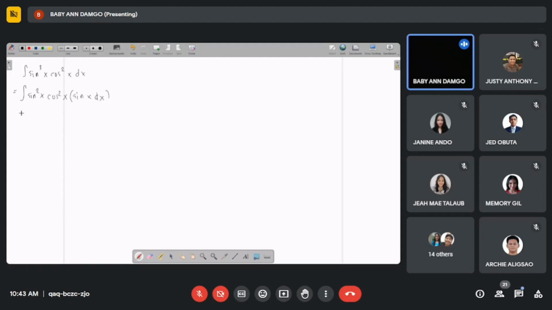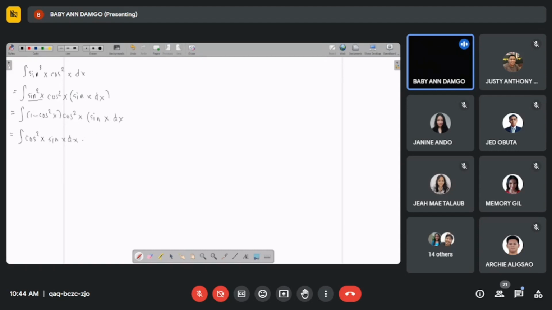Now the sine squared x we convert into cosine, applying cosine squared x plus sine squared x equals 1. So sine squared x is 1 minus cosine squared x, times cosine squared x, times sine x dx. Simplifying, we distribute the cosine squared x.